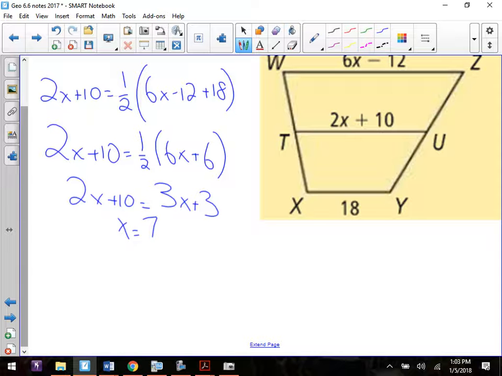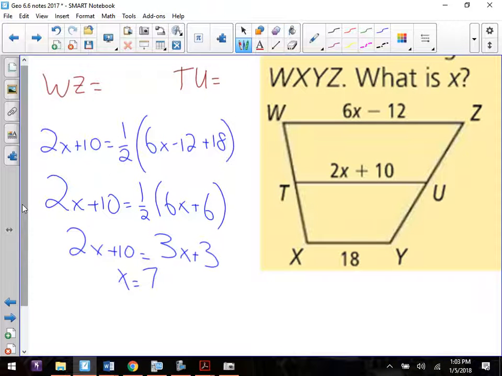So if you substitute back in there, 7 times 2 is 14. Add 10, you get 24. And then 42 minus 12 is 30. 2 times 7.